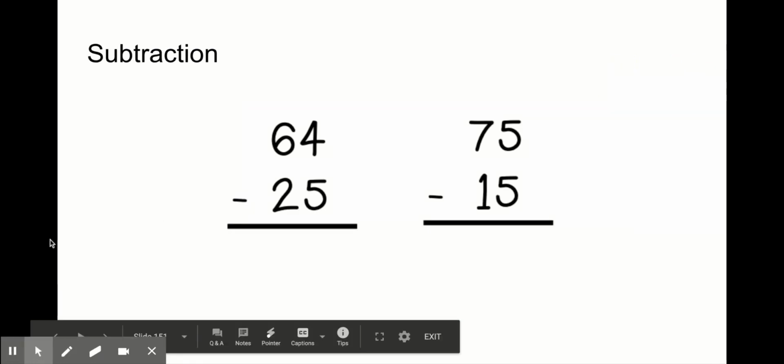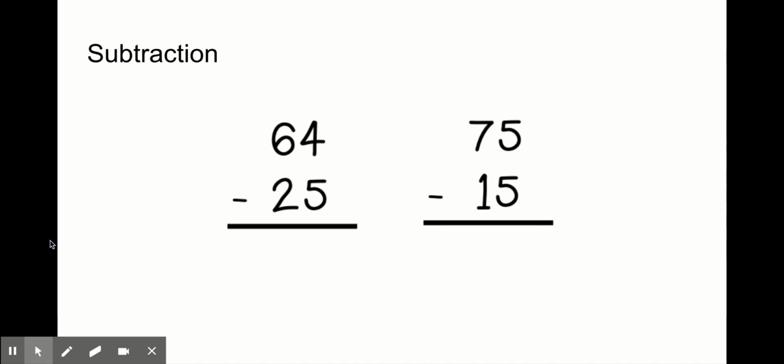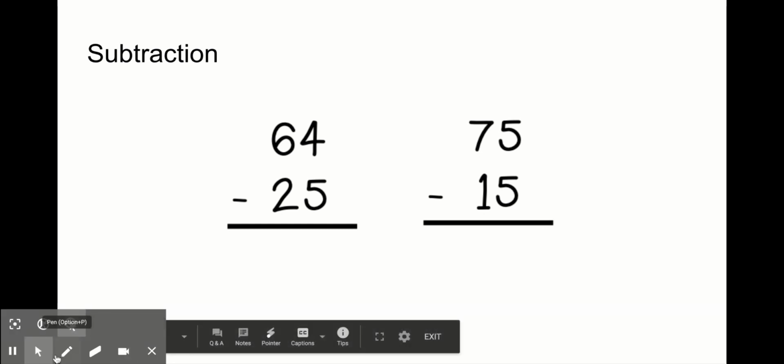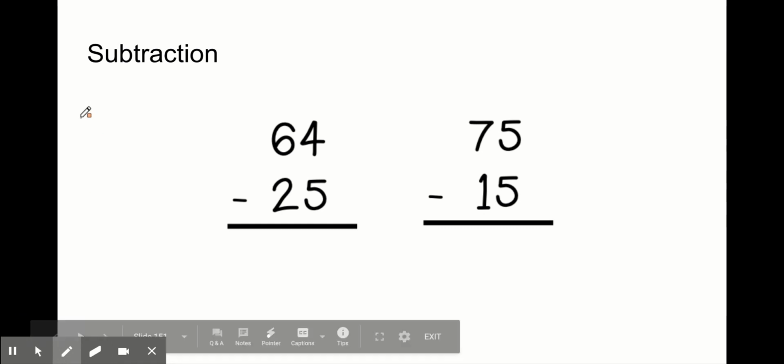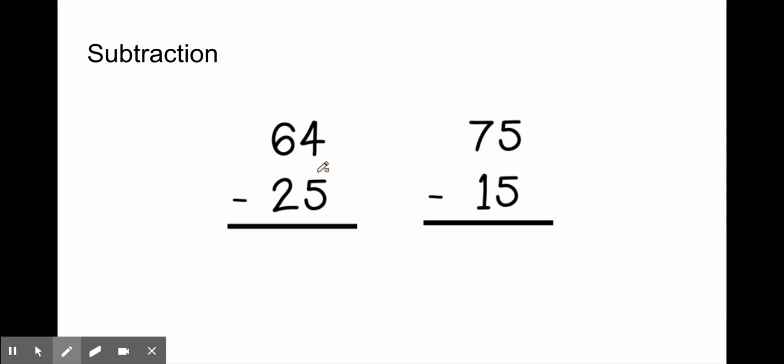Now let's try some subtraction. First, I'm going to use a hundreds, tens, and ones model to show you how to subtract. Then we'll do the vertical way. 64 has 6 tens and 4 ones.